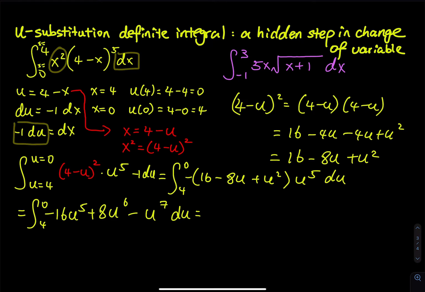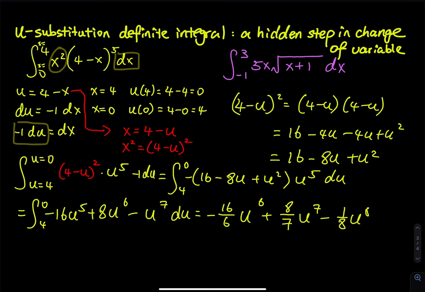And then we do the integration. So we have u to the 6 with negative 16 divided by 6, and then plus u to the 7 with 8 divided by 7, and then minus 1 over 8, u to the 8. Let me make sure my distribution is right.